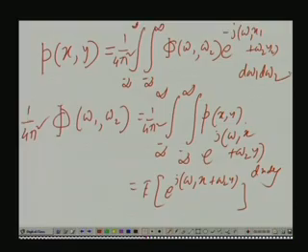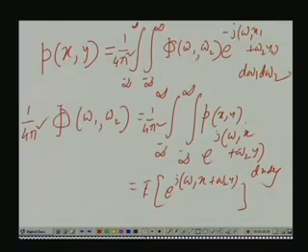So, this is the definition, and from the given phi omega 1 omega 2 we can also find out the marginal characteristic functions, that is just phi of omega 1 and phi of omega 2, phi of omega 1 being the characteristic function of x alone, and phi of omega 2 being the characteristic function of the random variable y alone.